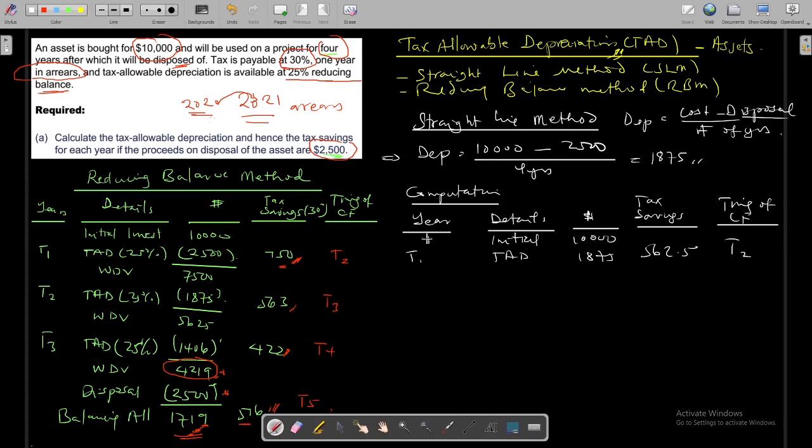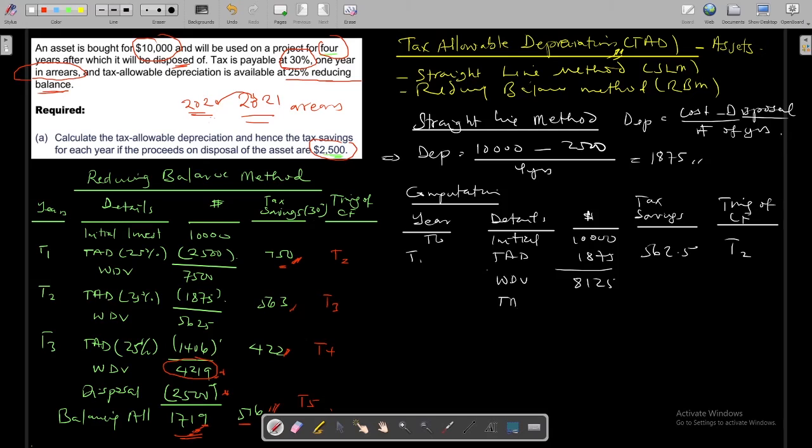So this is year 1, and this is year 0. When we subtract, 10,000 minus 1,875 gives 8,125. This is the written down value for year 2.